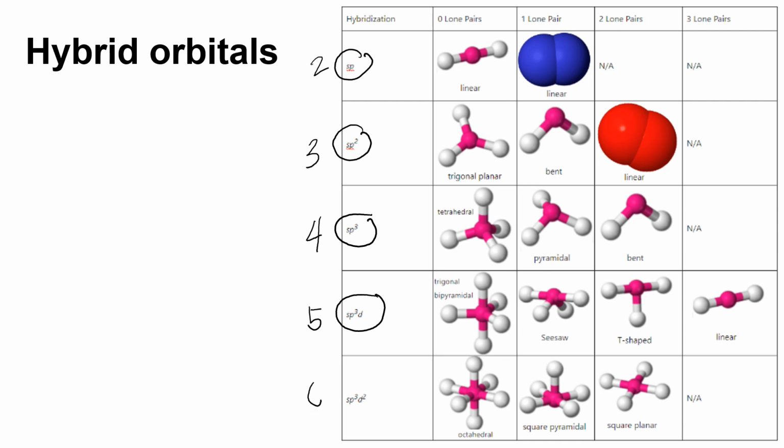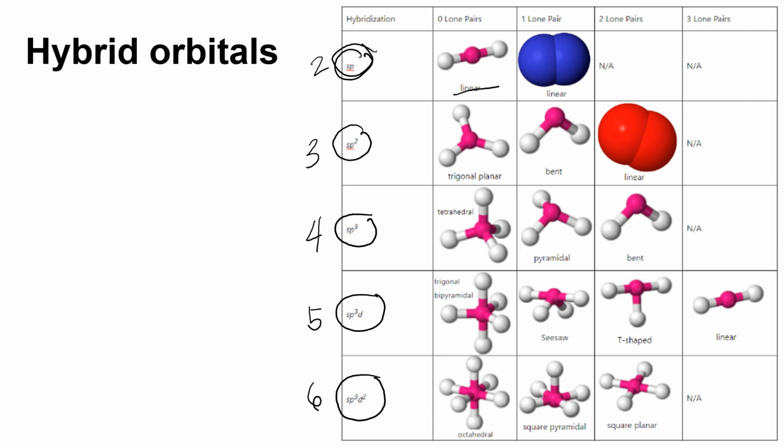And if you have 6, that is sp3d2. For 2 orbitals, which is sp, it's easy to remember that the geometry is linear.